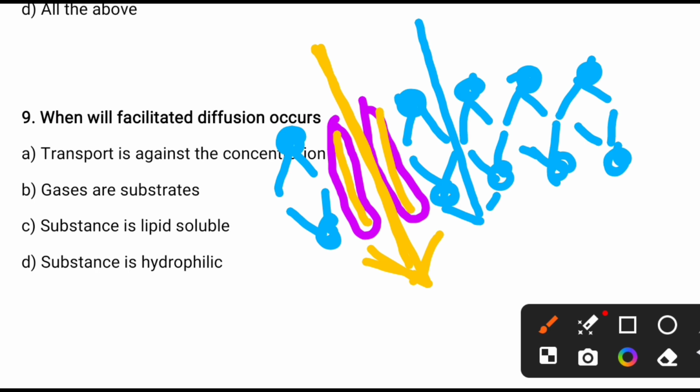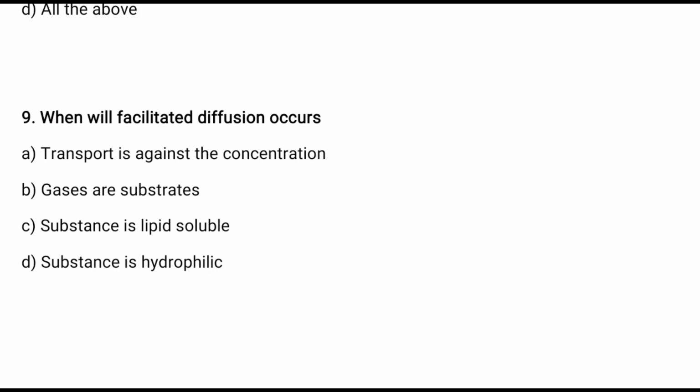They allow the passage of molecules and don't require energy. This type of diffusion is nothing but facilitated diffusion. So the correct answer is that the substrate is hydrophilic. Let's see the next question.